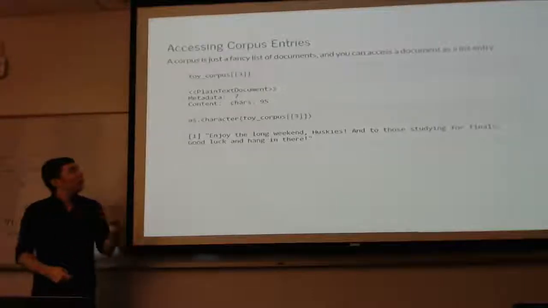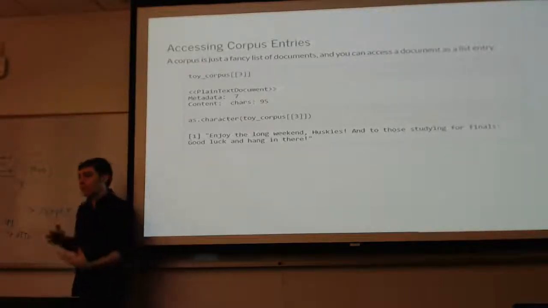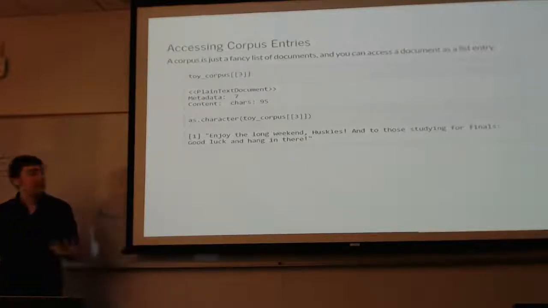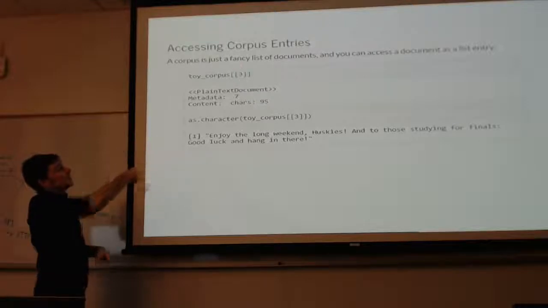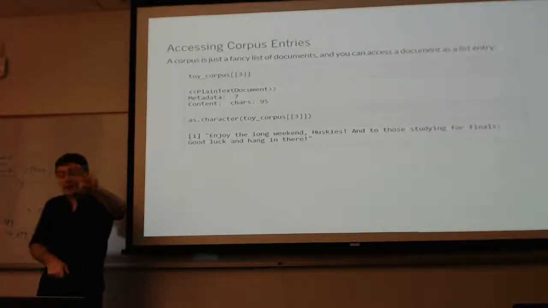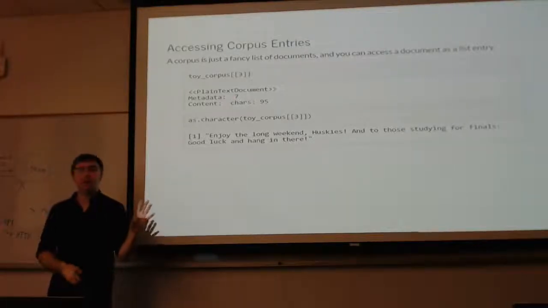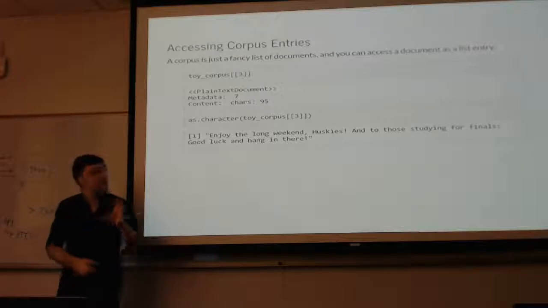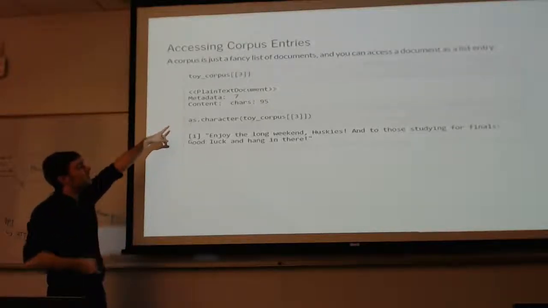Once it's been prepped into a corpus, you can access individual components of it. If I do toy corpus 3, this gives me the third element of this corpus, which is the third tweet in it. It says it is a plain text document, so it doesn't know it's specifically a tweet, it just knows it's plain text. It has 7 elements of metadata containing 95 characters.